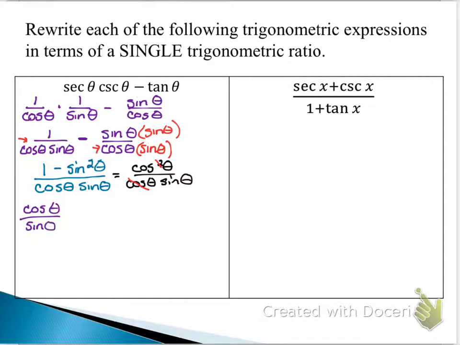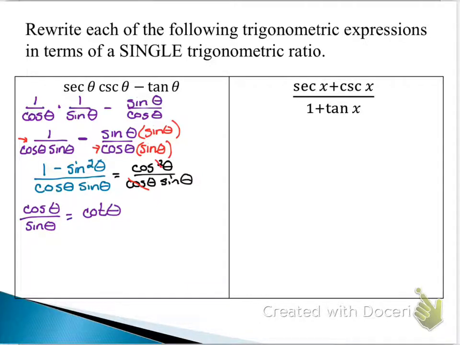Well, that is cotangent. So we have it all the way down to one single trig ratio. All right, let's go ahead and let's look at this next one.